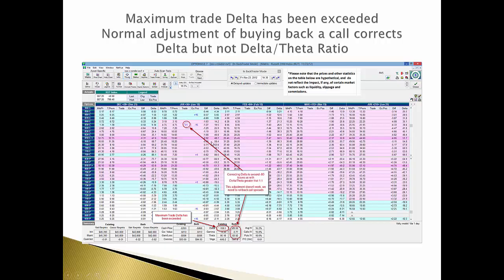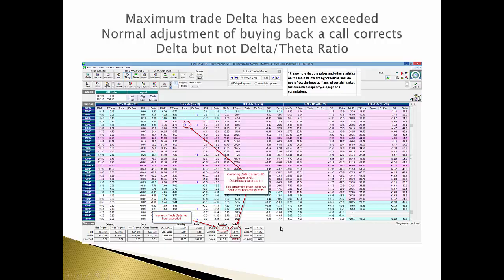If you say that to yourself, then see if you can find something that happens after that. In the case of a V Condor, if I'm having a delta theta ratio problem this early, that means everybody thinks the market's going up, and they think it's going up a lot. So you could make modifications to deal with that, but we're just going to follow the system here.